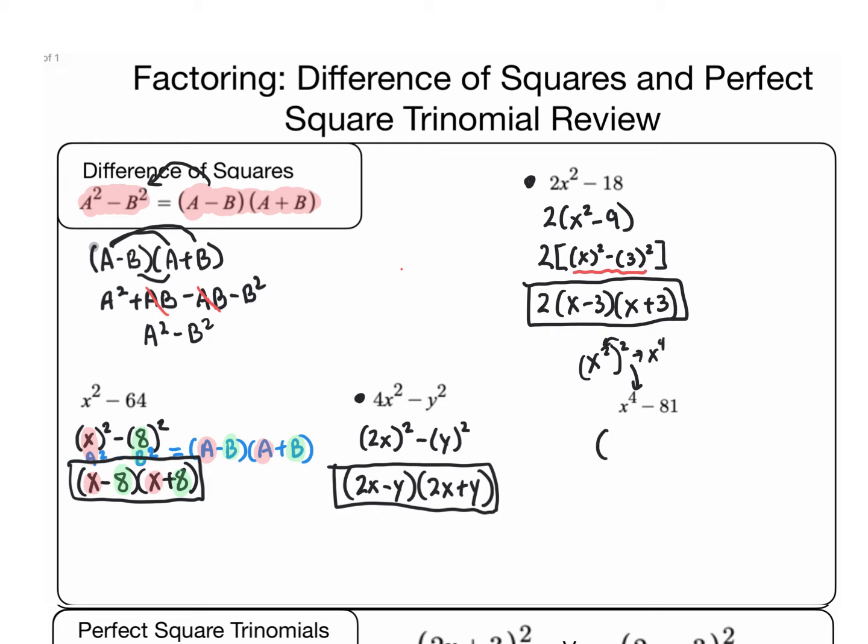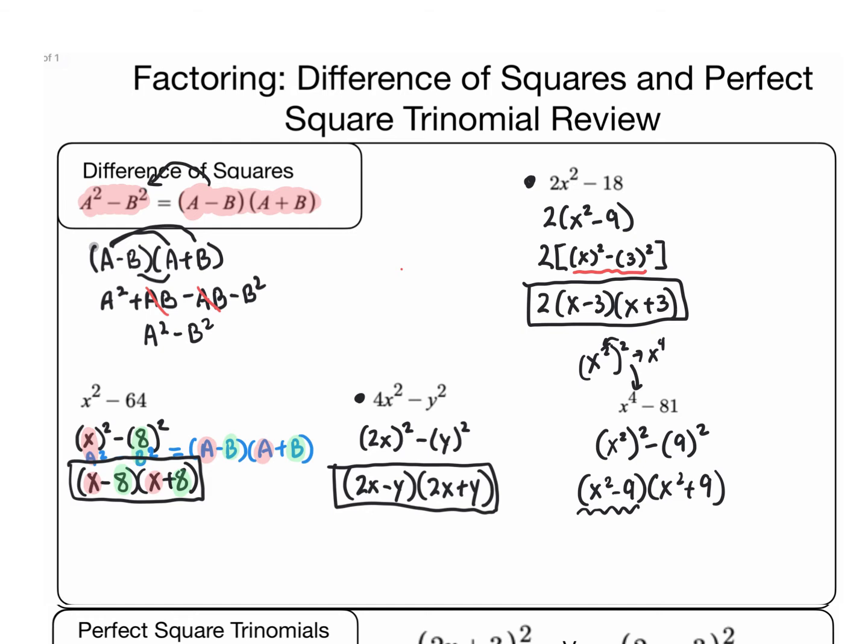And I can rewrite 81 as 9 times 9. So that's going to be x squared minus 9, times x squared plus 9. Now, we have another perfect square right here.